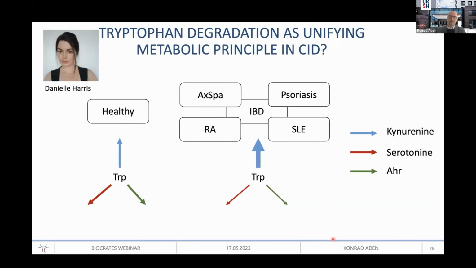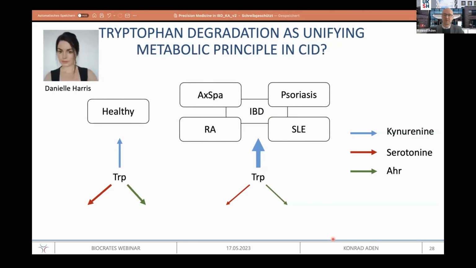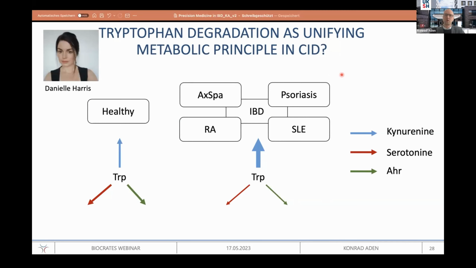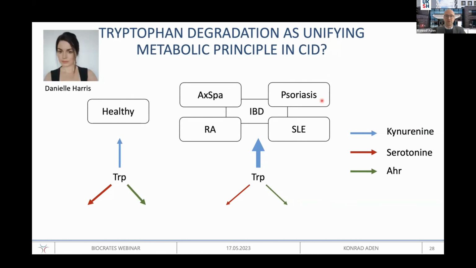And in the last couple of minutes, I want to show you some data from our own group where we basically asked the question whether this tryptophan degradation that we have observed in IBD is a metabolic principle which is specifically confined to inflammatory bowel disease, or whether this is a more unifying metabolic principle that also accounts for other chronic inflammatory diseases. This is a study which has been mainly driven by a postdoc in my lab, Danielle Harris.